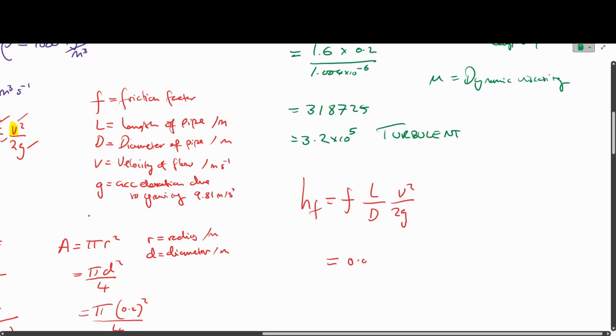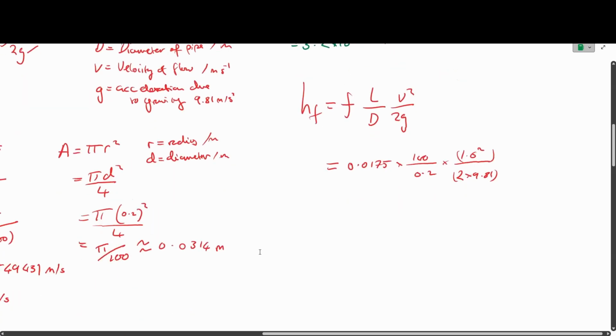Friction factor we said was 0.0175. The length is 100 meters, the diameter 0.2, the velocity 1.6 squared, and 2 times 9.81 for the acceleration due to gravity.